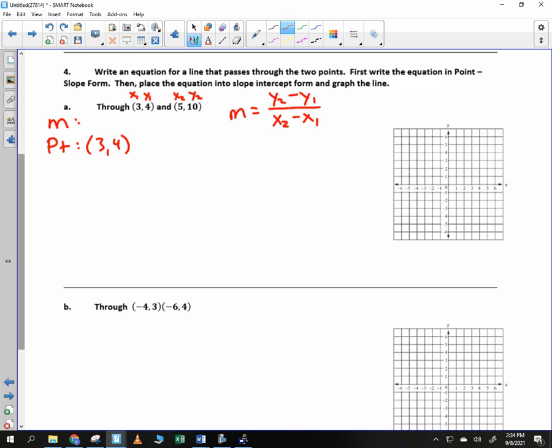So, if I try to find the slope, how's it going to set up? m is equal to what? 10 minus 4 over 5 minus 3. What do I get? I get 6 over 2, which is 3.